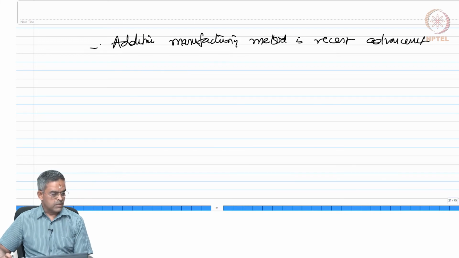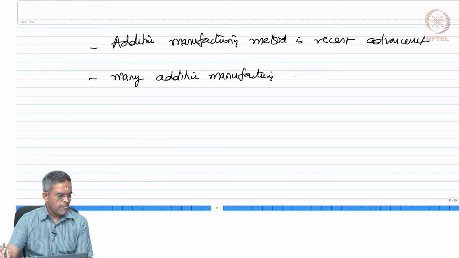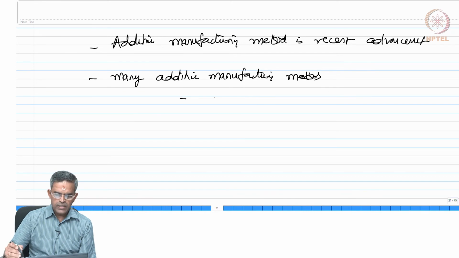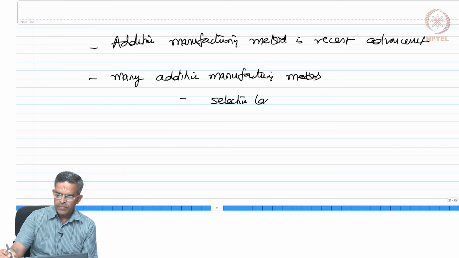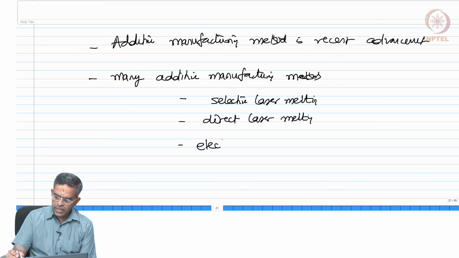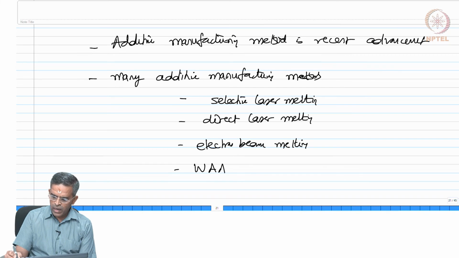There are many additive manufacturing methods: selective laser melting, direct laser melting, electron beam melting, and wire arc additive manufacturing.